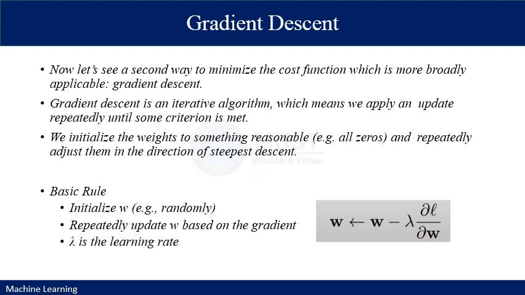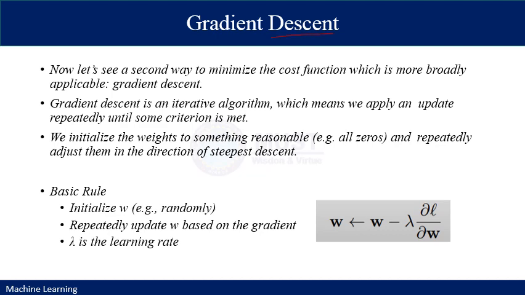So in this case, we initialize the weights to something reasonable. For example, you can use all weights as 0 and then repeatedly adjust them in the direction of steepest descent. So gradient descent is much similar to the hill climbing algorithm, but it works in the reverse direction.